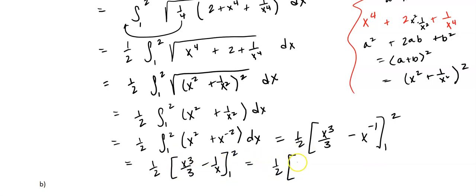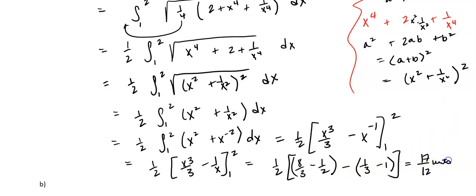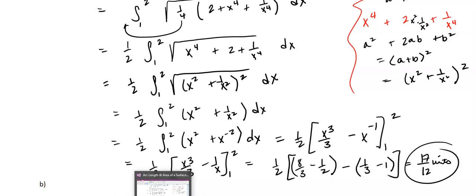So I'll have 2 cubed over 3, which is 8/3, minus 1/2, minus 1/3 minus 1. And if you do all of the arithmetic here, you get 17/12 units. Now this is not cubic units, this is just units, because it is just a length measurement, but that would be your answer.